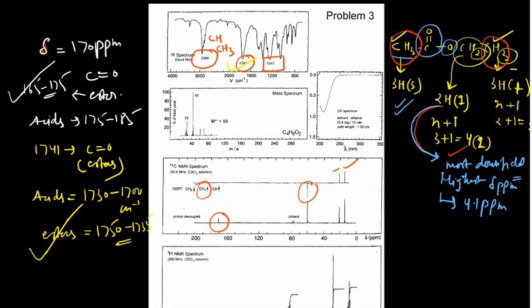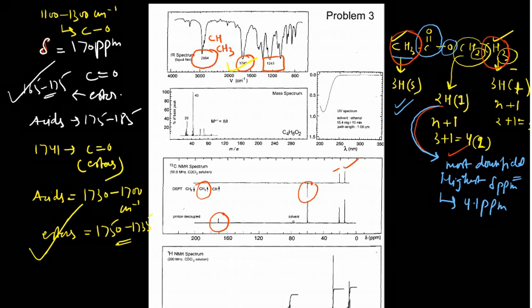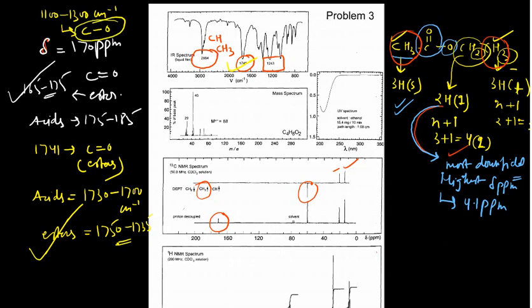See, 1100 to 1300 centimeter inverse, you can write it as 1300 to 1100 also. This actually shows the carbon single bond oxygen, and of course this ester has this carbon single bond oxygen. So IR is also giving a better idea about this.